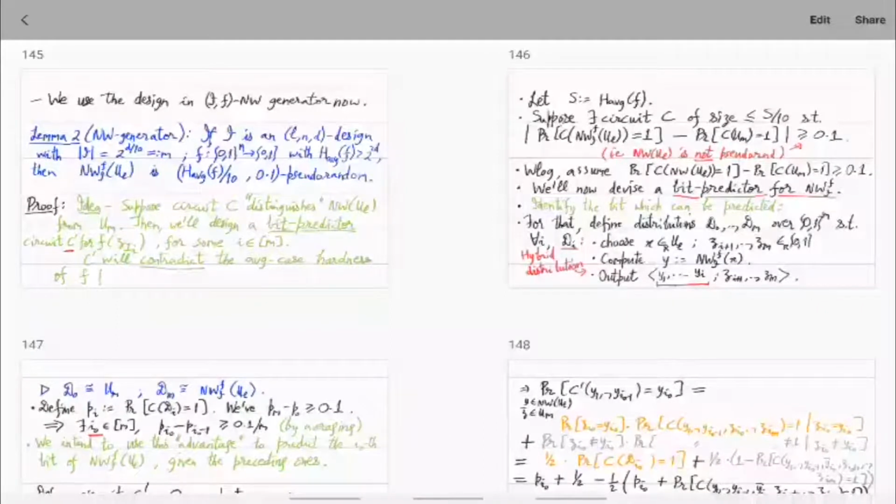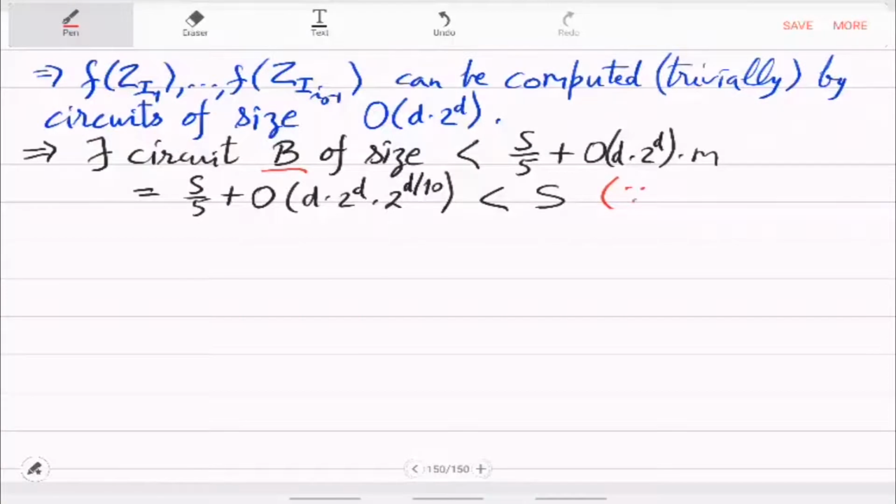So, because of that, clearly 2 raised to 2D is much more than this overhead that you are getting of 2 raised to D times 2 raised to D by 10, and even if you add s by 5 to that, you will remain under s. So, point being that B is a circuit of size quite small. Okay, so, in that sense, now you are getting that f is not hard at all.